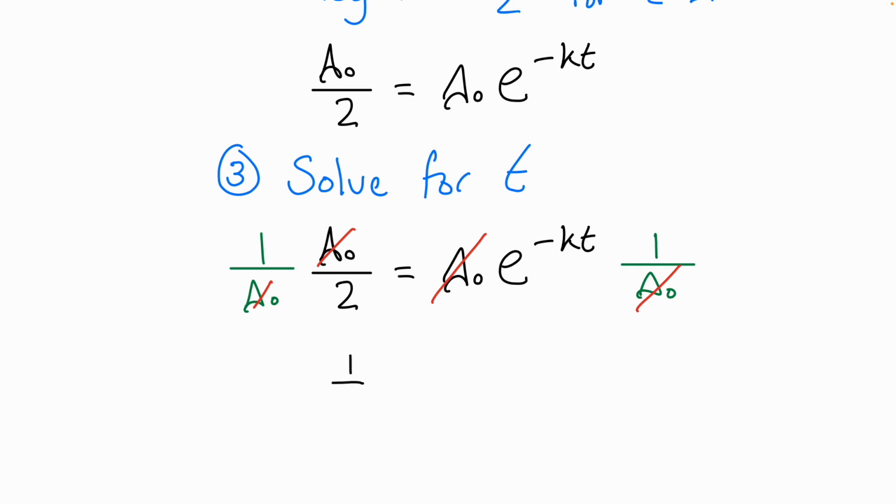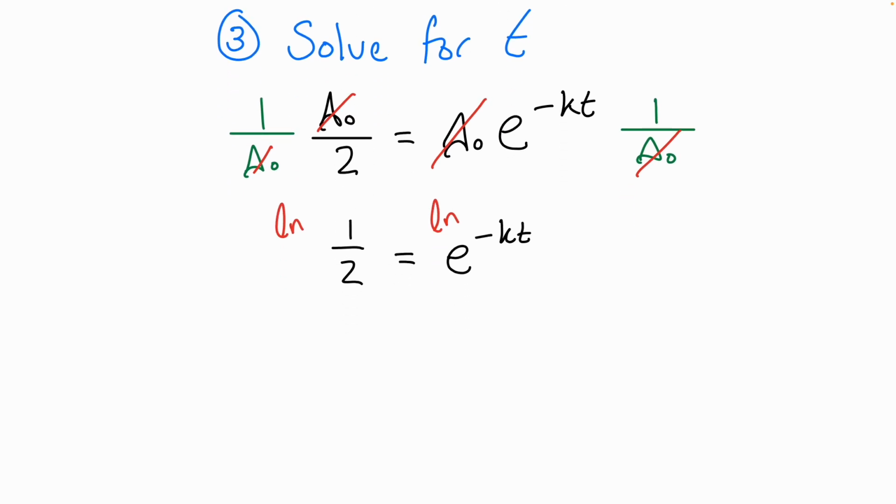So now I'm left with 1/2 is equal to e to the negative kt. All right, again, we had that thing stuck up in that exponent with that magical number e. So we're going to take the natural log of both sides. This becomes the natural log of 1/2 equals the natural log of e to the negative kt.